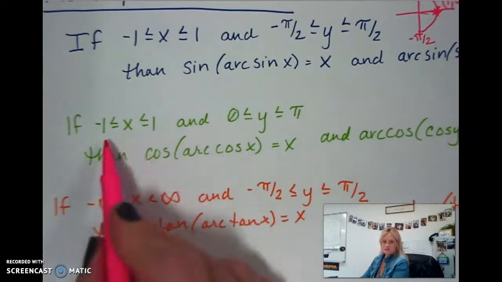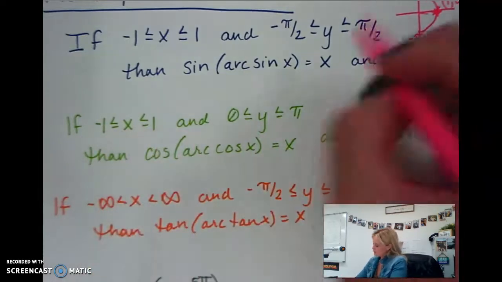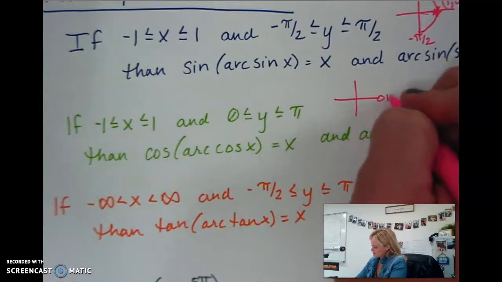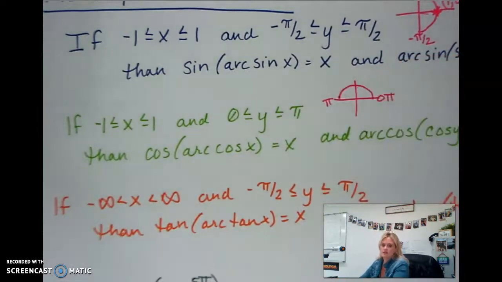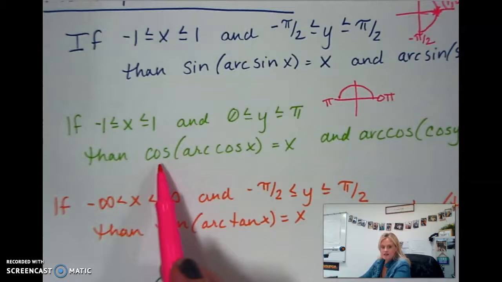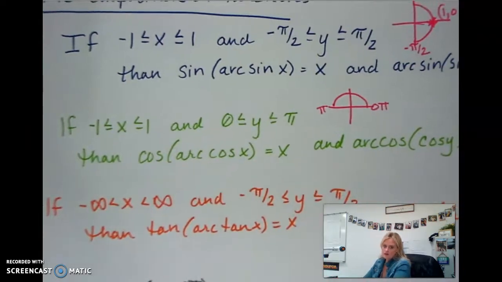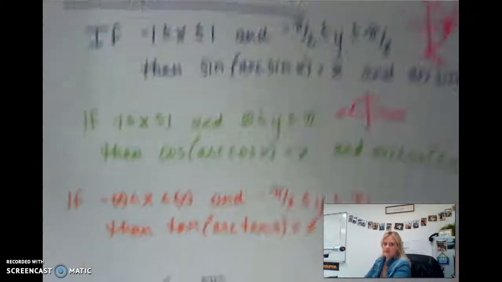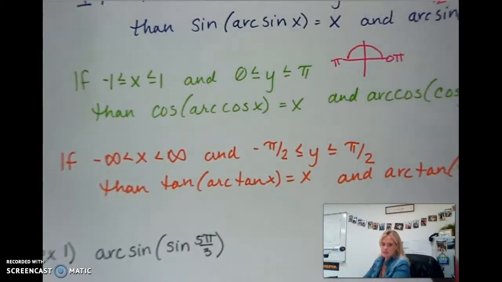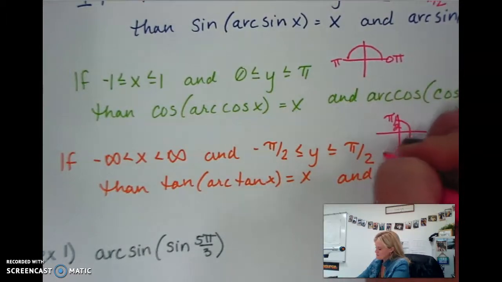If the cosine, or x value, is between -1 and +1, and the y value is between 0 and pi, and that's what we talked about yesterday for the arc cosine, then the cosine of the arc cosine of x is x, or the arc cosine of the cosine of y is y. And then the same thing for tangent. Remember, tangent is the same as sine, where it goes from half a pi to -half a pi.